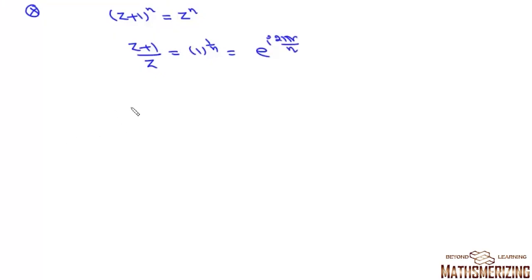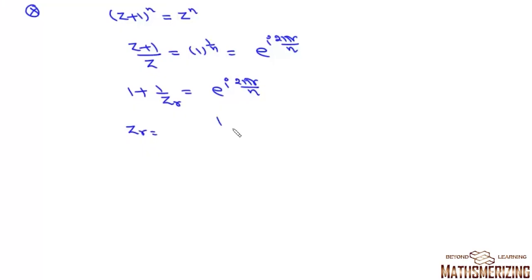So we'll write 1 plus 1 upon z equal to e to the power iota 2 pi r by n, and since this equation will have n real roots, we'll say this root is suppose zr.